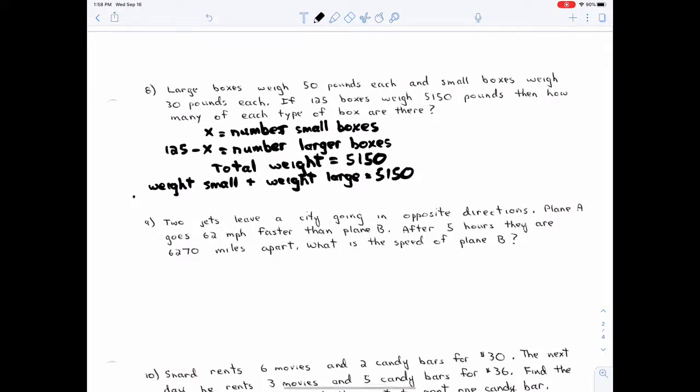You have the number of boxes times the single weight of one box. And then you have the number of large boxes times the single weight of a large box.